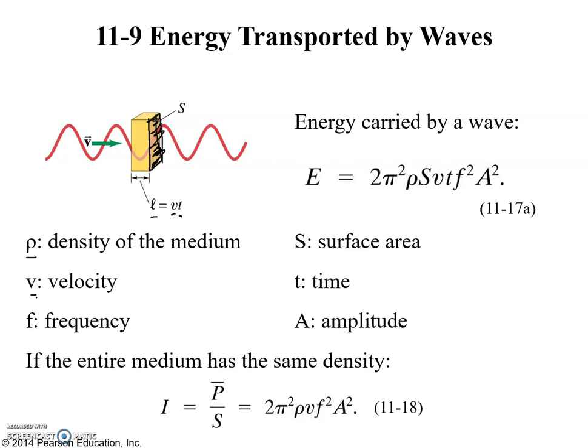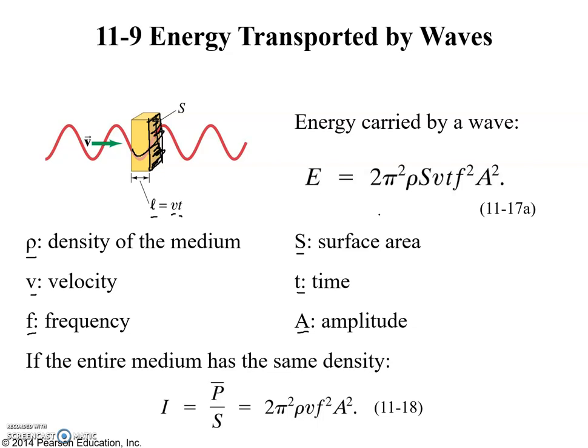So we've got the velocity of the wave, the frequency of the wave. S, in this case, is used for the surface area. Why not A? Well, because A is being used for amplitude, and T is time, how quickly the wave passes through that material.